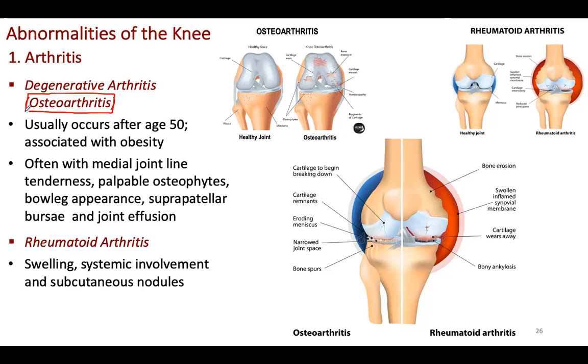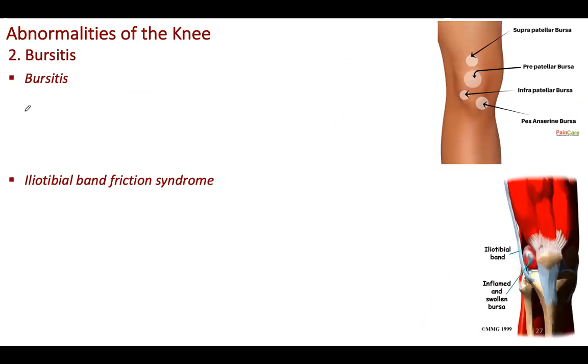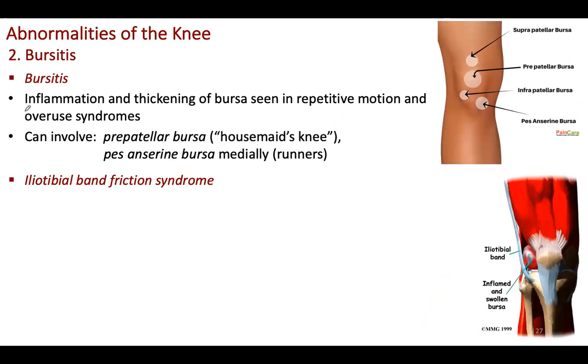Rheumatoid arthritis, sometimes when rheumatoid arthritis affects the knee, you can identify the Baker cyst on the posterior aspect of the knee joint. Bursitis, inflammation and thickening of the bursa. It can involve the pre-patellar bursa with repeated kneeling, and that's why we call it housemaid's bursitis, or the pes anserine bursa anteriorly and medially, especially in runners.